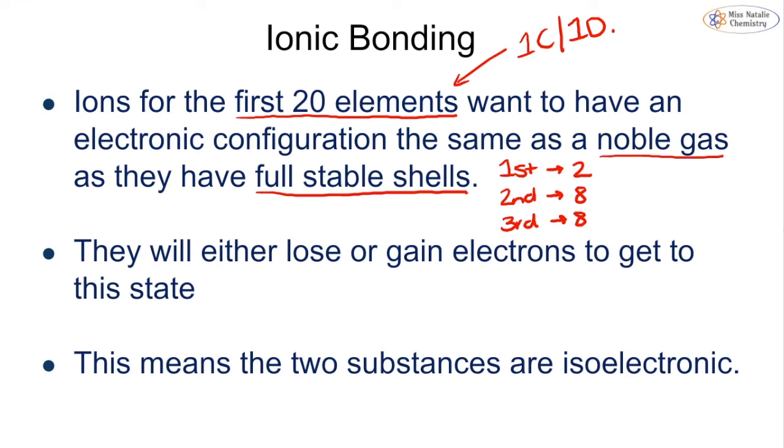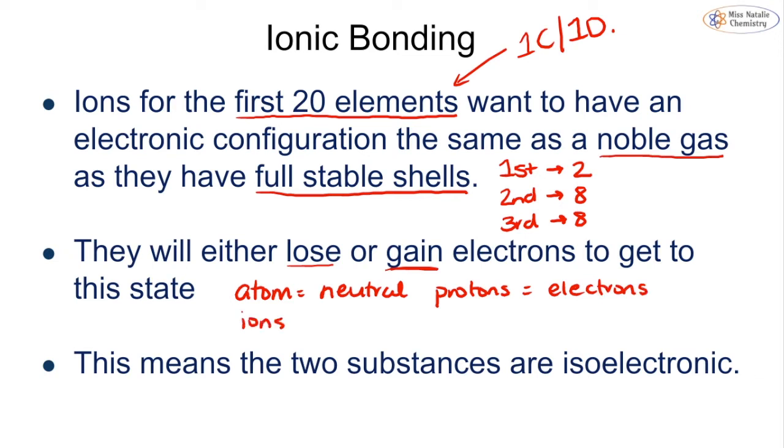So in order to do this, they will either lose electrons or they will gain electrons, and what this does is it causes them to be an imbalance of either positive charges or negative charges. So in an atom, they are neutral because our protons equal our electrons.